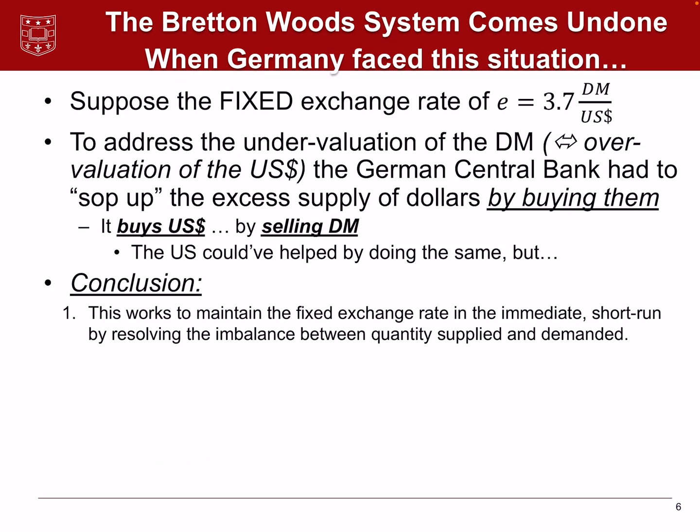So if you think about this from a fanciful perspective, you can think about the German central bank going into the foreign exchange market and contacting people who have dollars and saying, I'm going to give you Deutschmark at this rate of 3.7 Deutschmark per dollar.